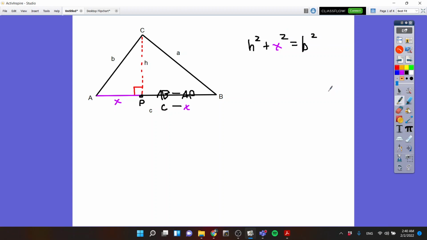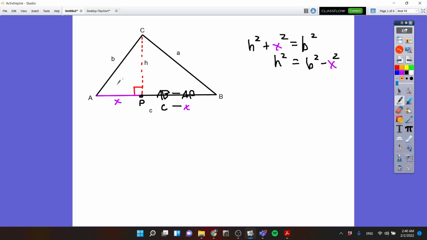Great. And just because I know where we're going with this, I'm going to solve this for H. So H squared equals b squared minus X squared. You wouldn't necessarily know why I'm doing that yet, but I do. So just trust me and follow me with it.